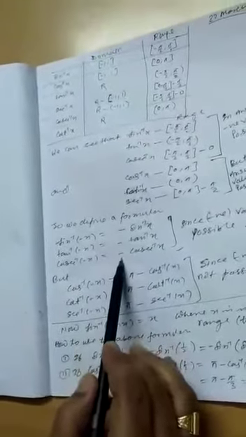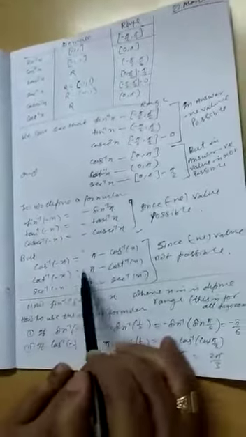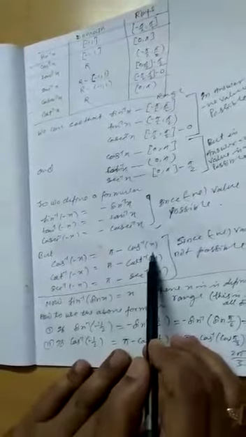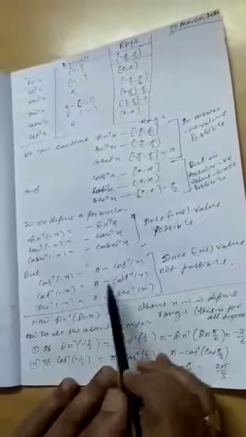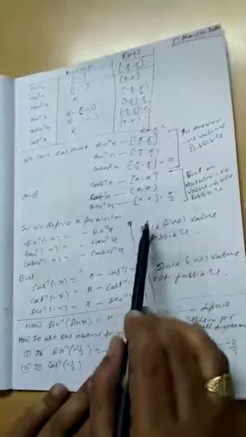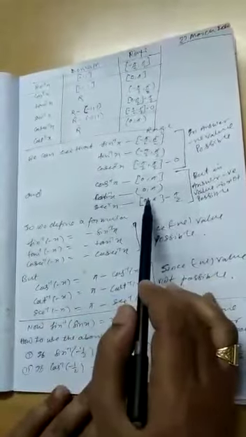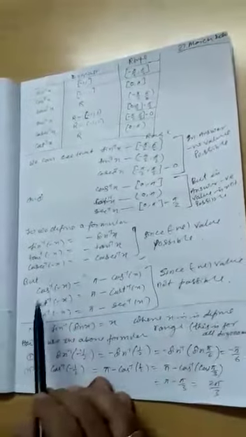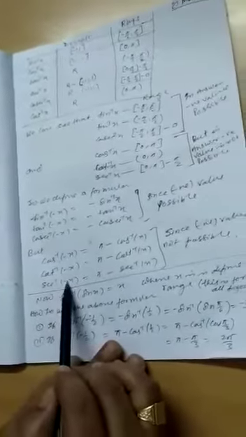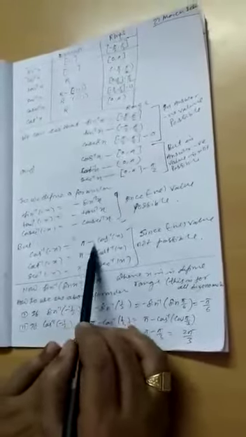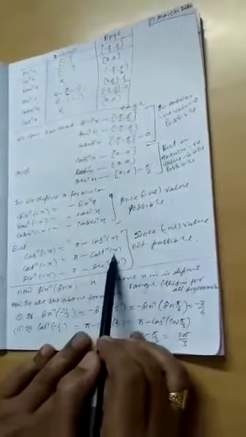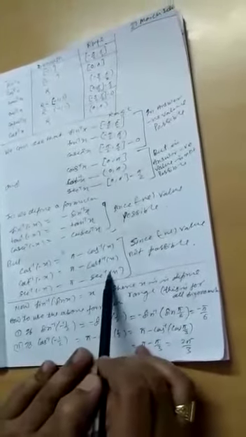In these three cases, just minus is taken out, but in these three cases, pi minus, because the range of these three is 0 to pi, so it cannot be negative. Always it's positive. So when we convert this negative to positive, we need to take pi minus cos inverse x, pi minus cot inverse x, pi minus sec inverse x.